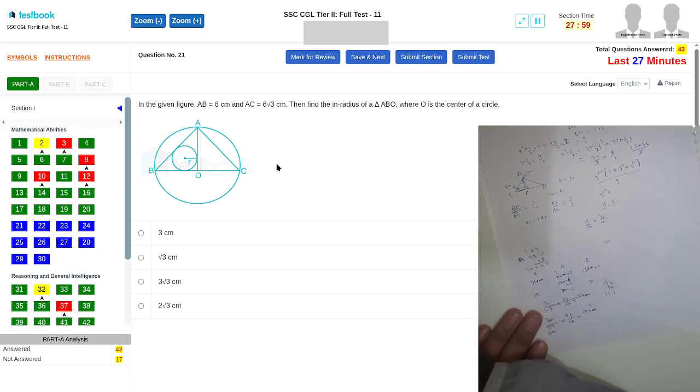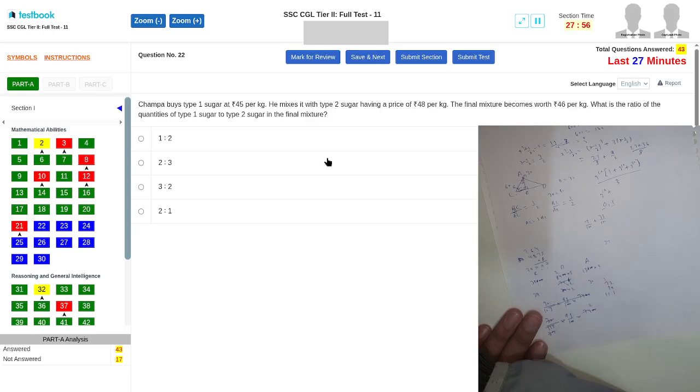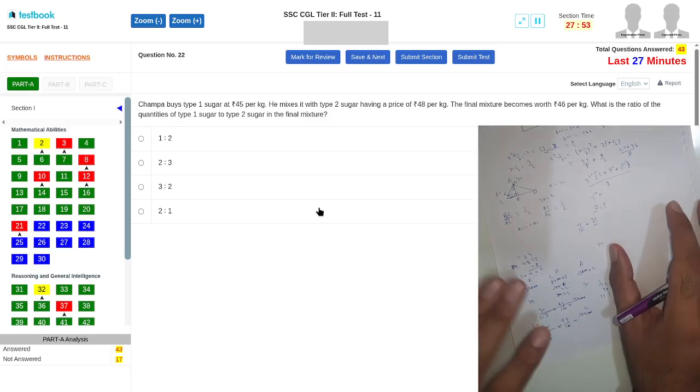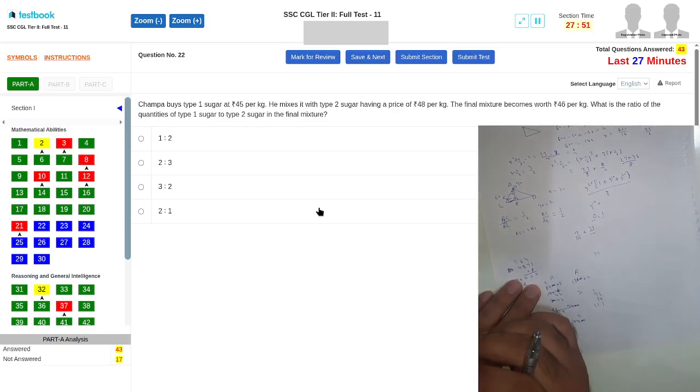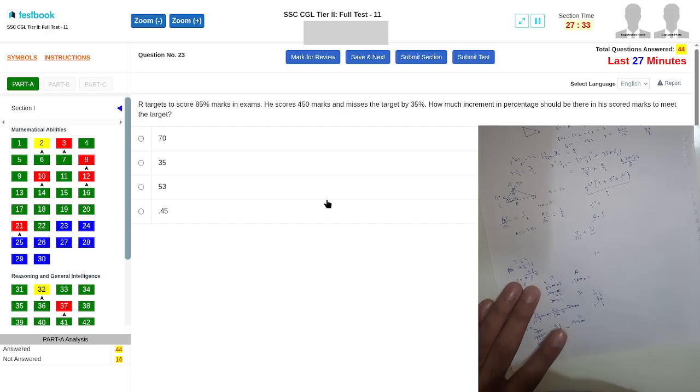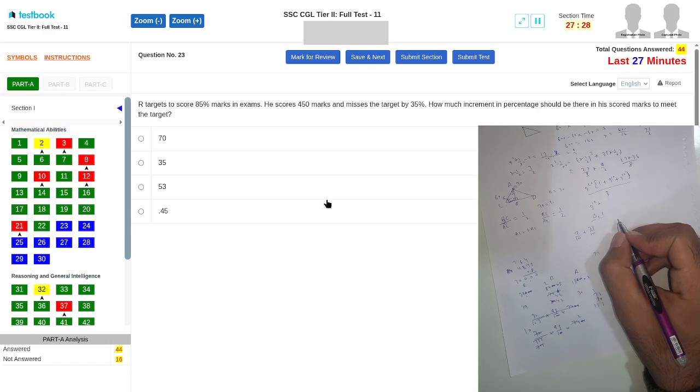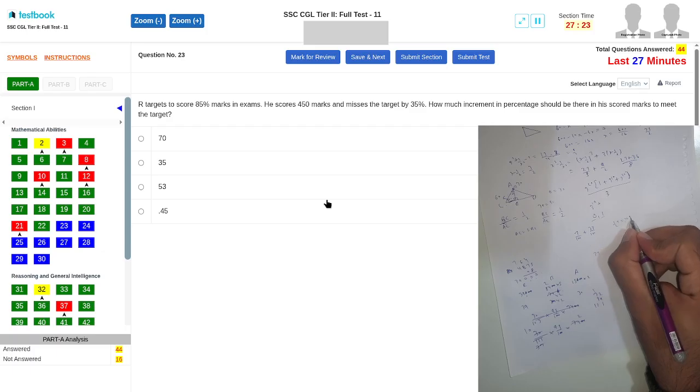In the given figure हम बात में करेंगे. Supervised type and sugar head, initially type to sugar head, price of the final issue becomes worth 46 kg with ratio of the quantity type the 1:2 ratio. Total is to 450.